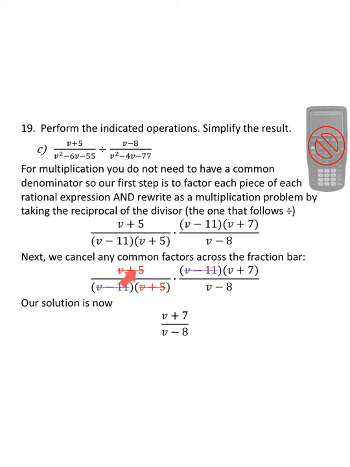So when I cancel out my v plus 5s, my v minus 11s, all I'm left with is v plus 7 divided by v minus 8. And without even ever multiplying or dividing, we've divided these two rational expressions. It's a fancy way of saying factor, write them next to each other, cancel, and simplify.